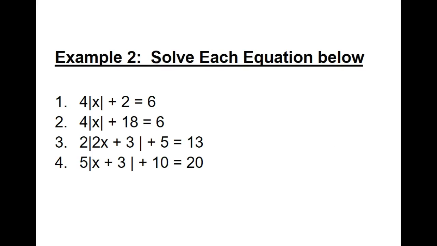Let's see. All right, here we go. We have 2 absolute value of 2x plus 3, plus 5 equals 13. Okay, so if I were to ask you guys what's the first step, anybody brave enough to suggest it? Minus 5. Good. That is the correct first step.